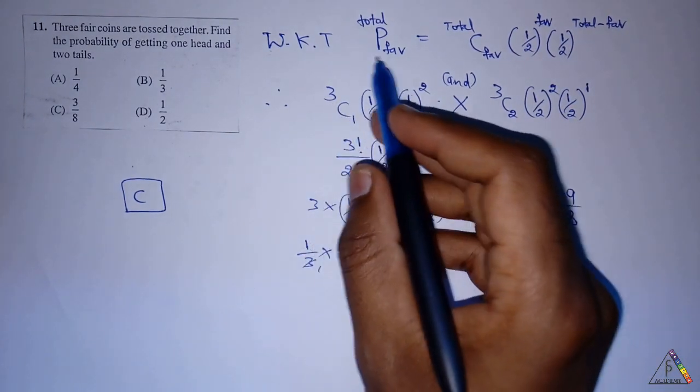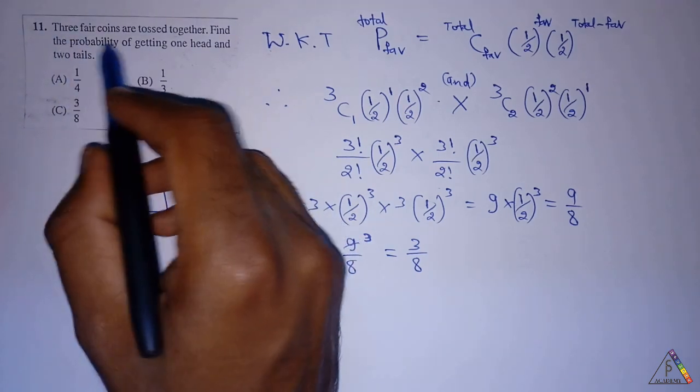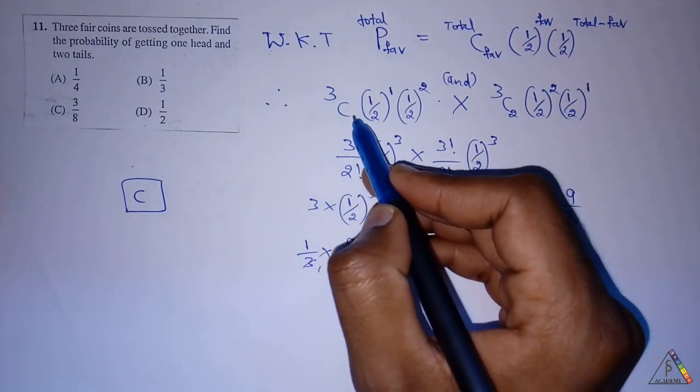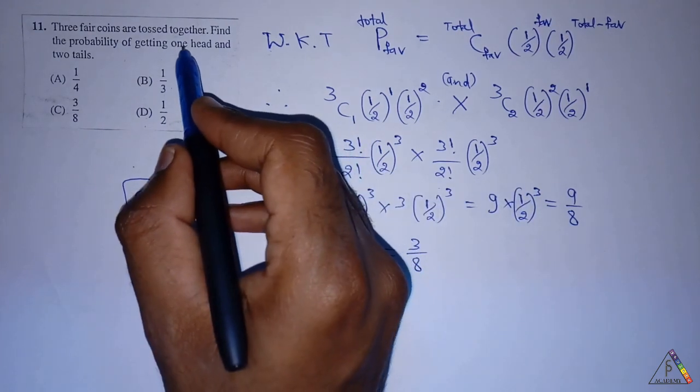Therefore, here we have total, we have 3 coins over the combination to the 1 head.